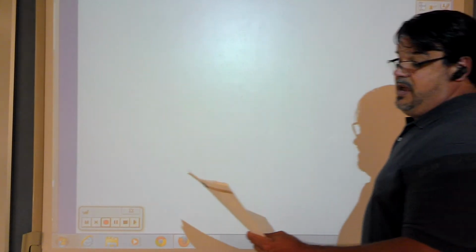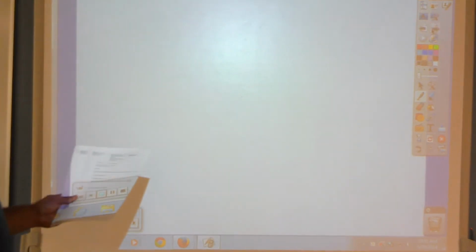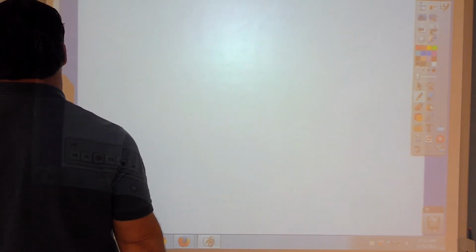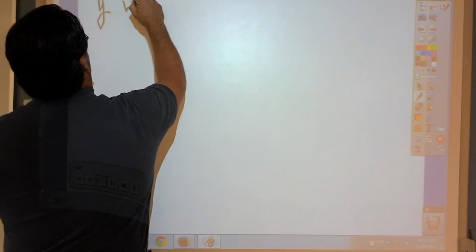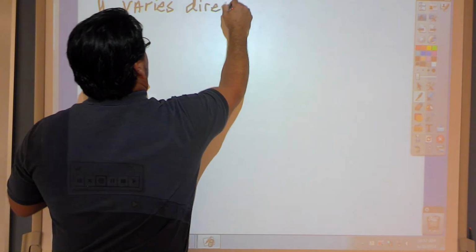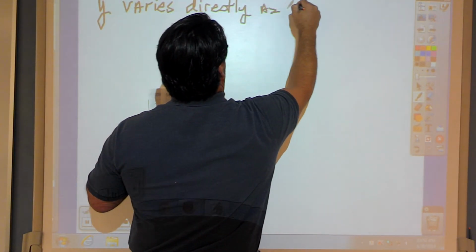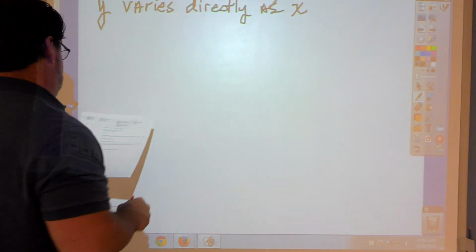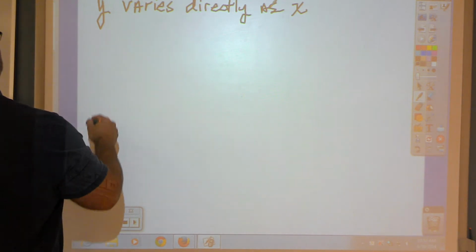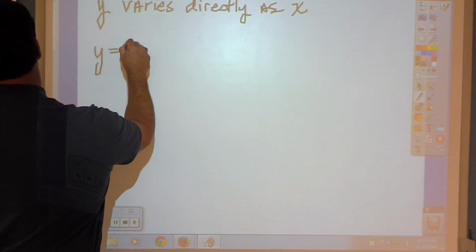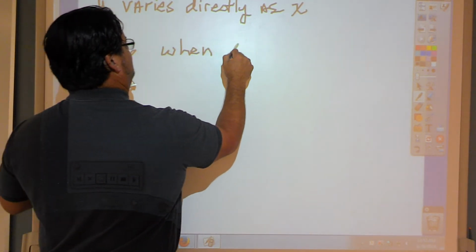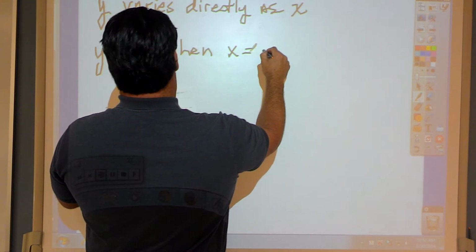It says find the variation constant and an equation of variation where y varies directly as x, and y is equal to 6 when x is equal to 2.